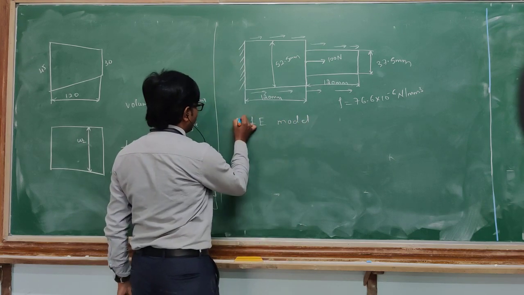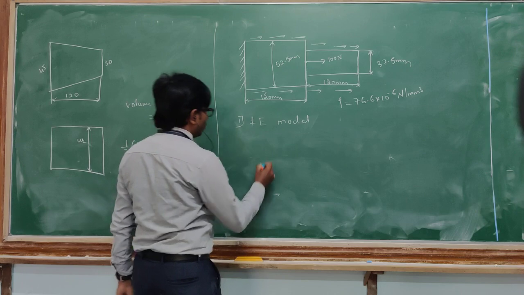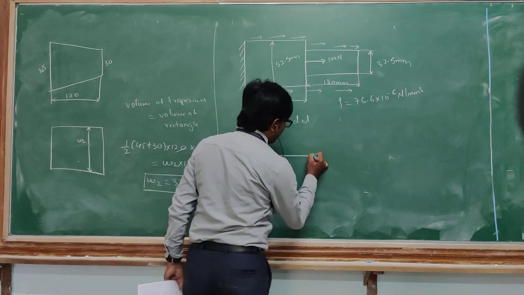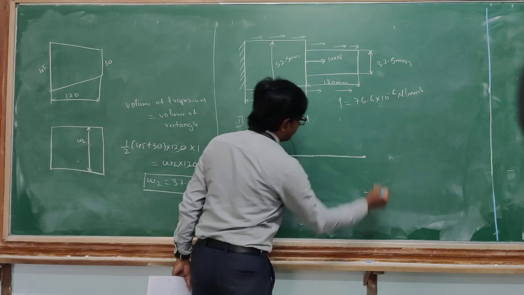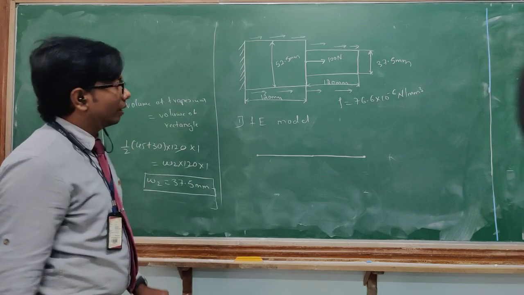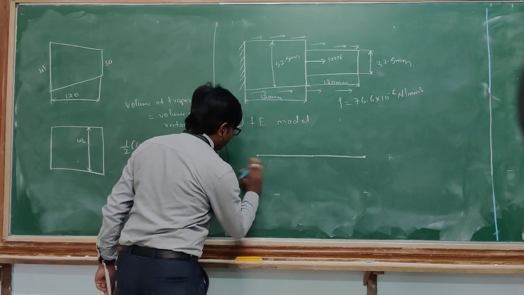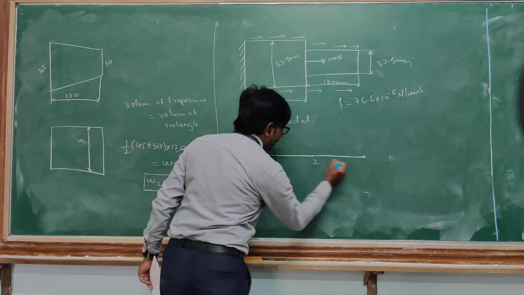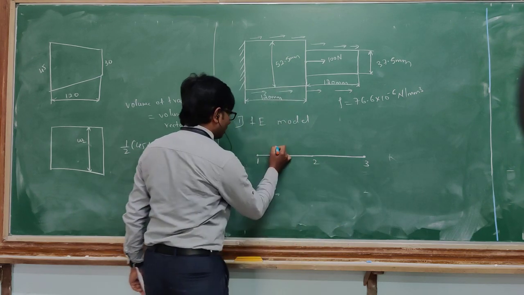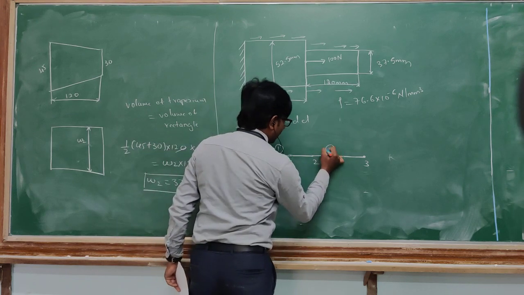So we'll start with the first FEA model. I will be taking 2 elements, 3 nodes. So this is the first node, second, and this is the third node. This is the first element, this is the second element.